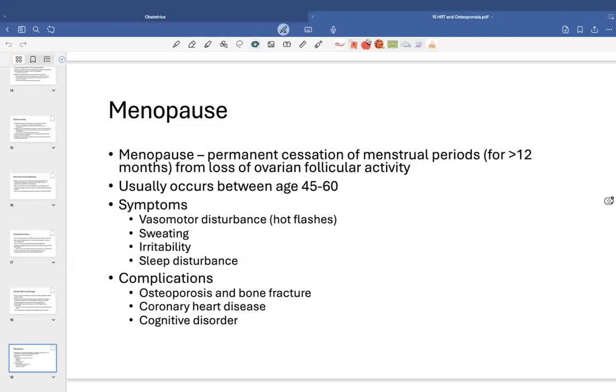Coronary heart disease is a risk, and major neurocognitive dementia tends to increase in frequency postmenopausally.